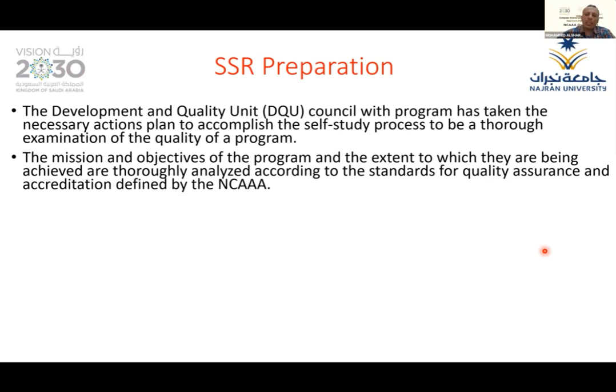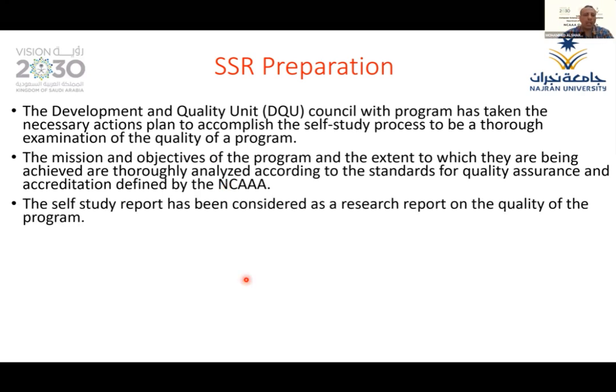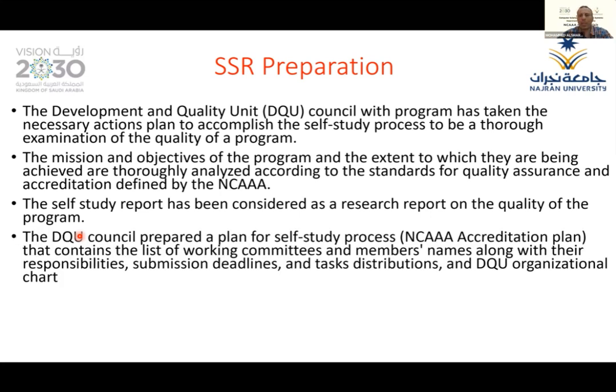These committees work to write the SSR as a real analysis, a real report to find the main strengths and weaknesses of our program in achieving our mission and goals. Our self-study report is considered a research report on the quality of the program. So we can find statistical data, analysis, suggestions, improvements, and action plans.